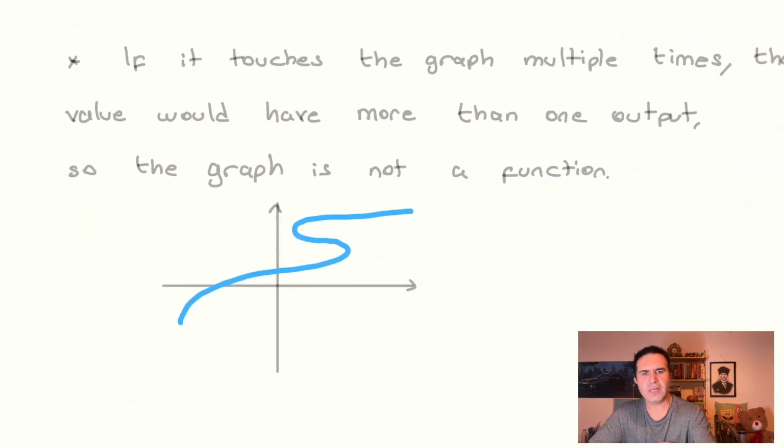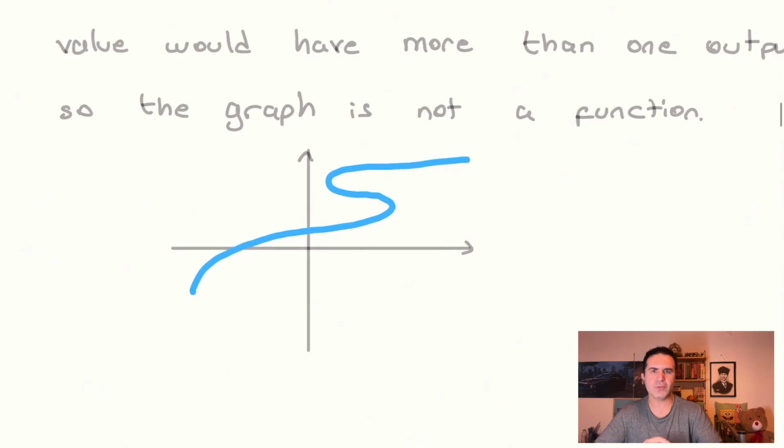If the lines touch the graph multiple times, that x value will have more than one output, so the graph is not a function. You see here, if you draw a line from here, this touches the graph 3 times. This means that this graph is not a function graph.